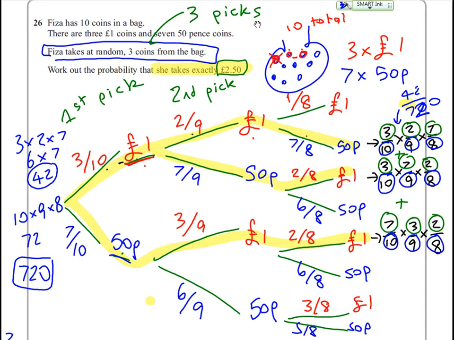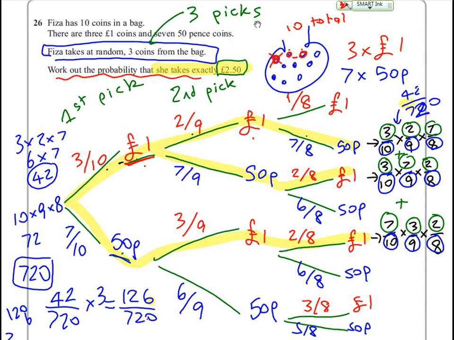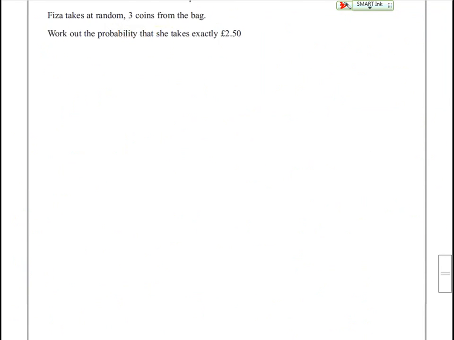So for our answer we can do 42 over 720 times by 3, because we've got 3 of them. 40 times 3 is 120, 2 times 3 is 6, so your answer is 126 over 720. Does the question want us to find it in the simplest form? It doesn't say. So we're going to save ourselves a bit of effort and leave it as a fraction because that's the correct answer.